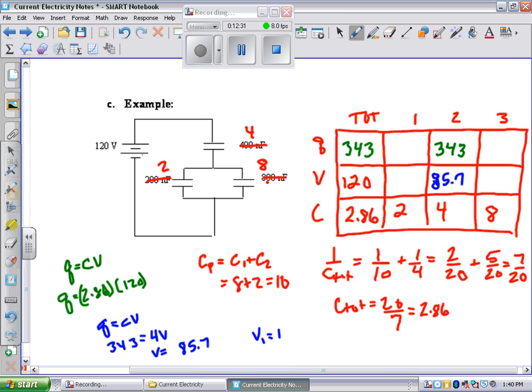V1 is going to be 120 minus 85.7, and that's going to give me a value of 34.3. So I'm going to put that in here, 34.3. And it's going to be the same for this one over here, because these are in parallel, and in parallel they have to be the same.